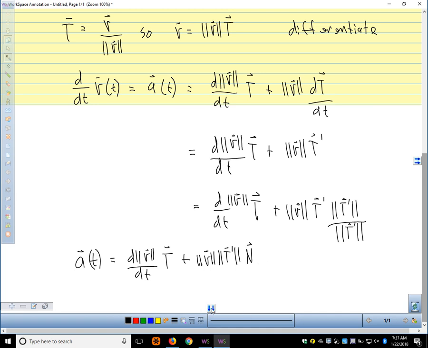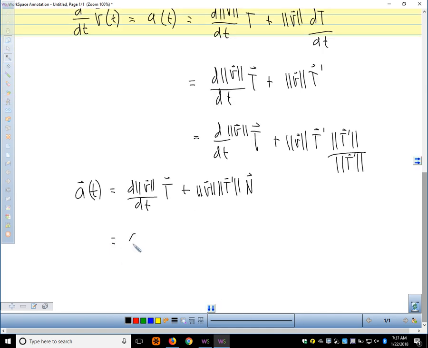So we can say this is a sub t times t plus a sub n times n, where a sub t is the derivative of the speed with respect to time, and a sub n is this quantity, the magnitude of the speed times the magnitude of t prime.